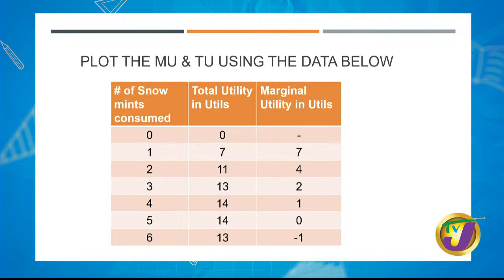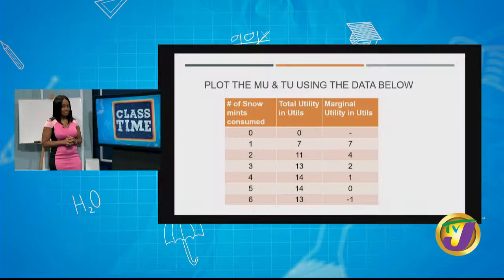So it goes from 0, 1, 2, 3, 4, 5, 6. And then the total utilities related to those different numbers are 0, 7, 11, 13, 14, 14, and then 13. The marginal utility, the first space is blank because you get no utility if you consume nothing. And then it's 7, 4, 2, 1, 0, and -1.